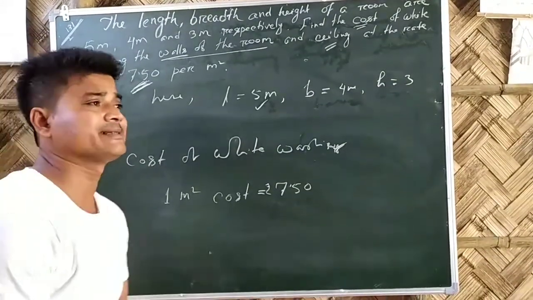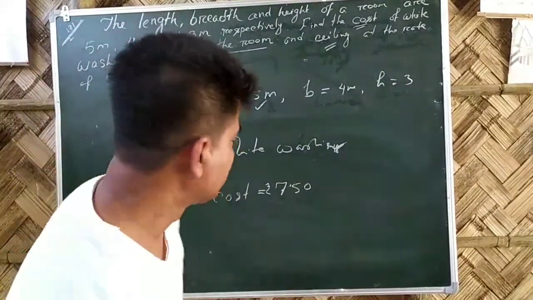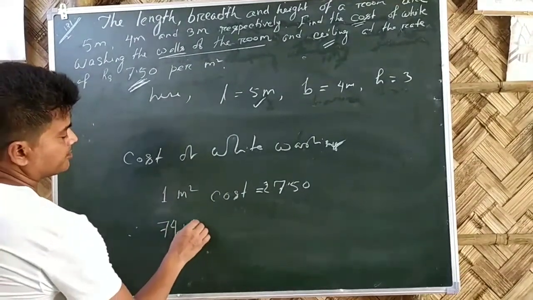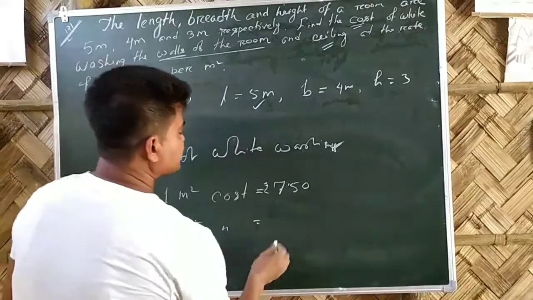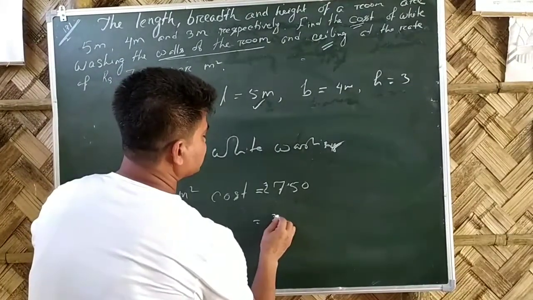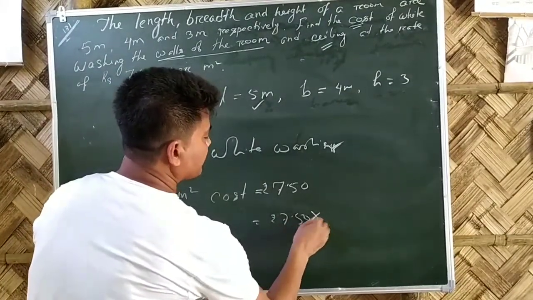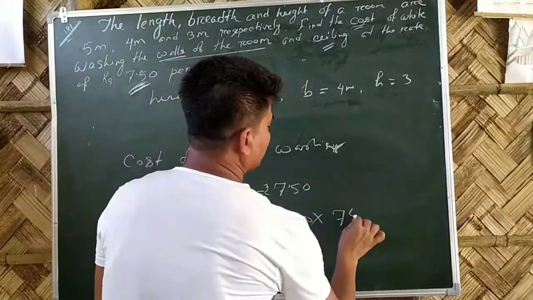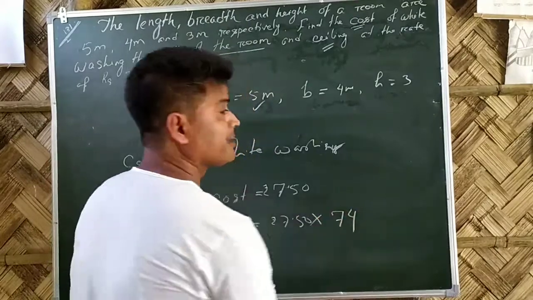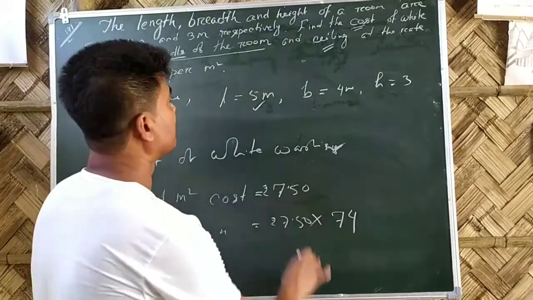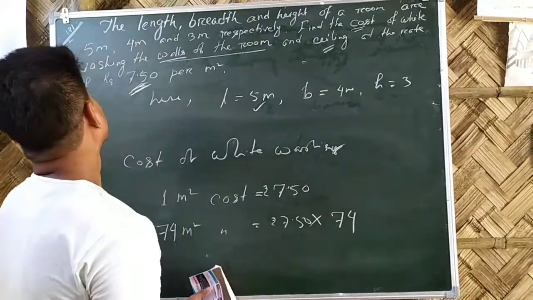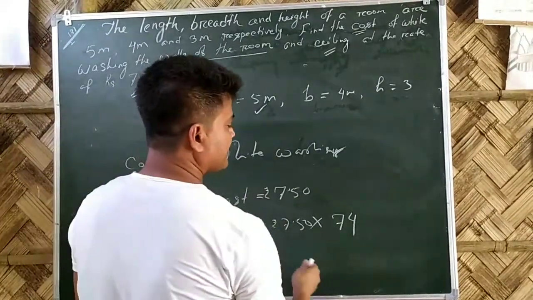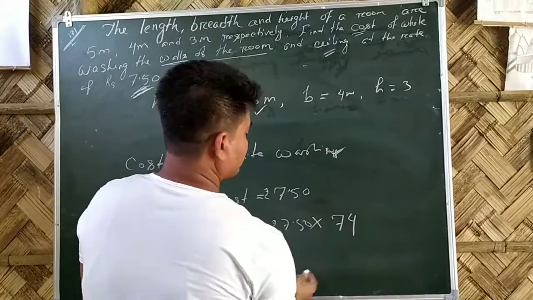That means we already have 74 meter square, so 74 meter square will cost 7.50 into the total area, that is 74. So we are calculating the amount which is to be spent on the whitewashing.